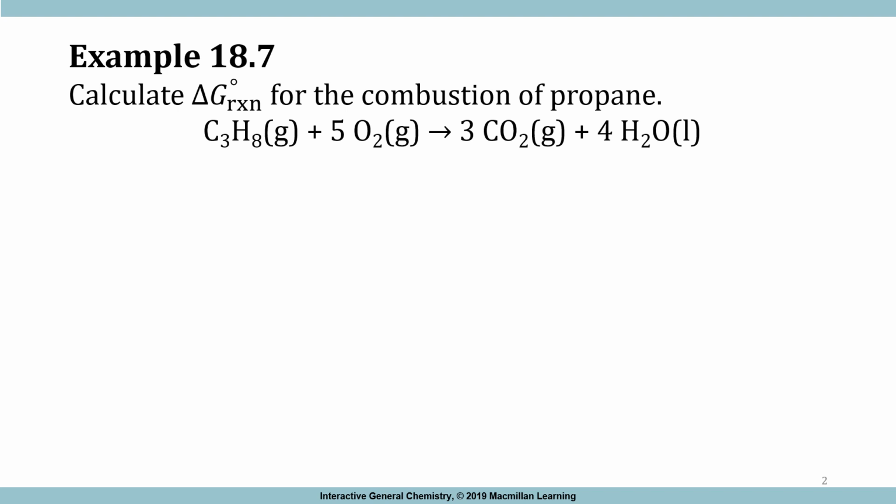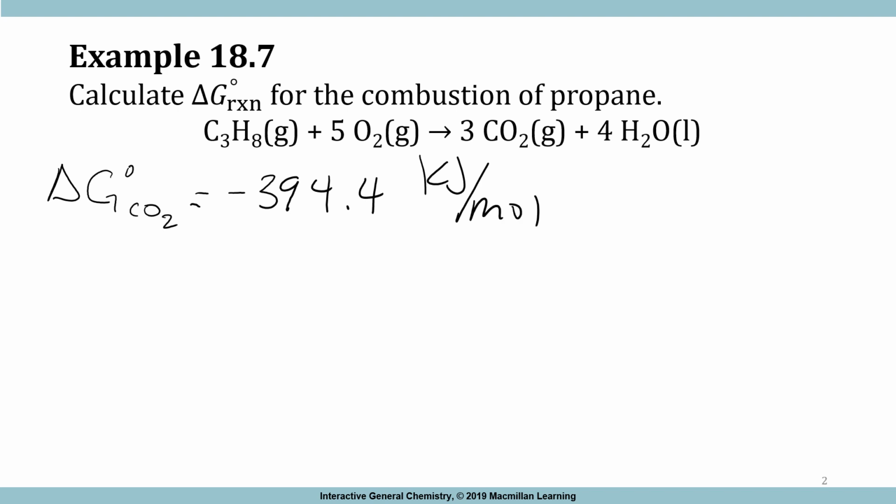Here's an example: calculate the delta G of reaction for the combustion of propane. If I was to look at the chart in the back of the book, I would be able to find that the Gibbs free energy for CO2 is negative 394.4 kilojoules per mole.